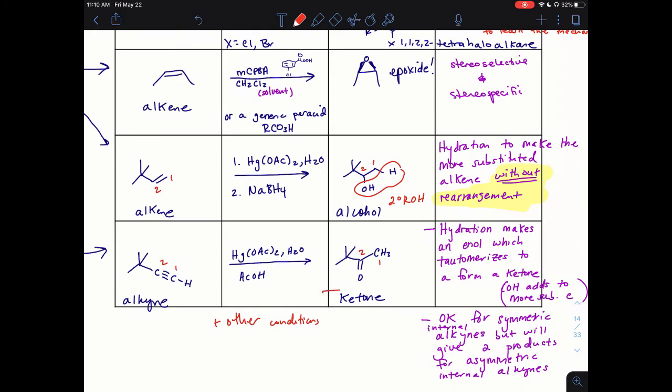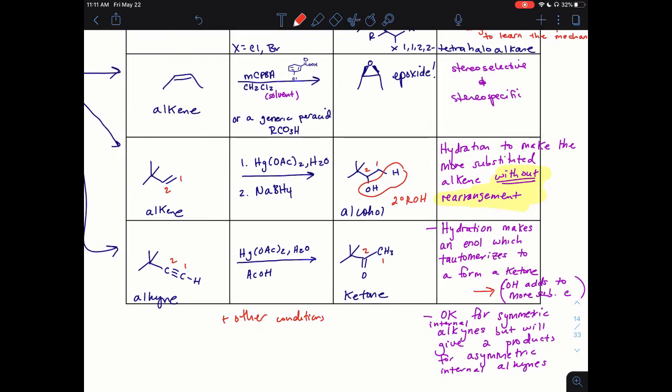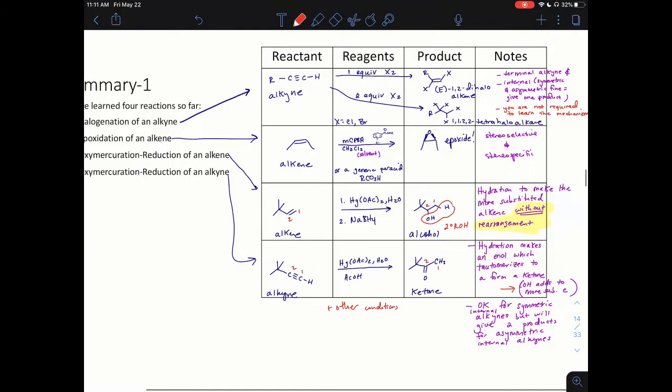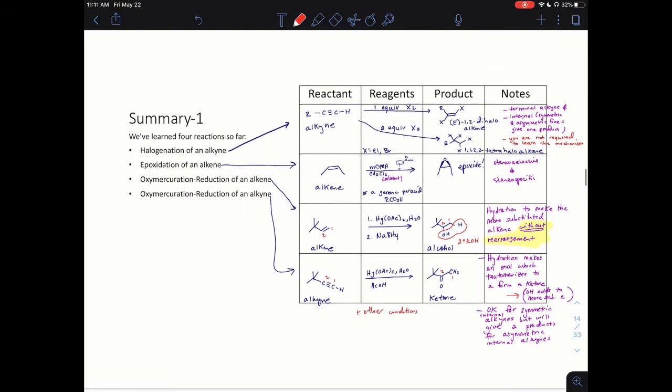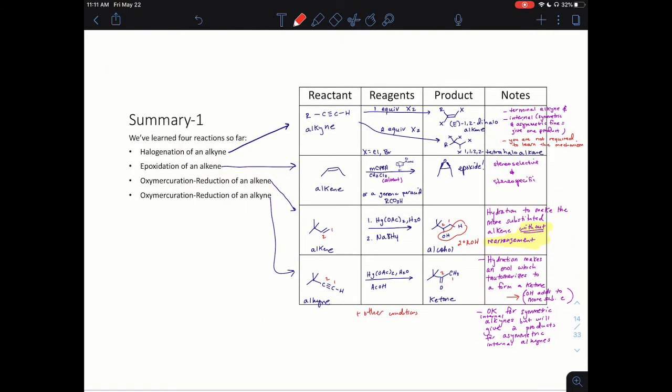This does generate a ketone from adding the oxygen to the more substituted carbon of the alkyne. It does form an enol first, which tautomerizes to form the ketone. This is okay for internal alkynes as long as they're symmetric, but if they're asymmetric, they will give 2 different products, just as we discussed in class last week, and you can go back and look at that if you need to.